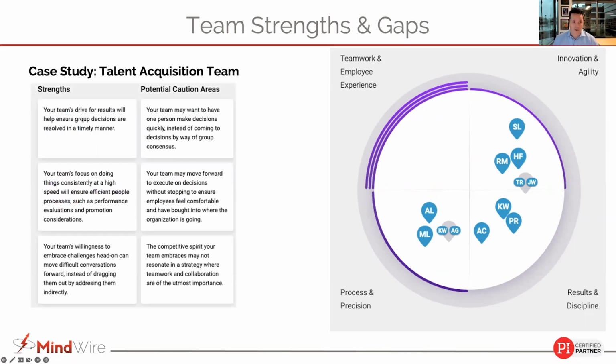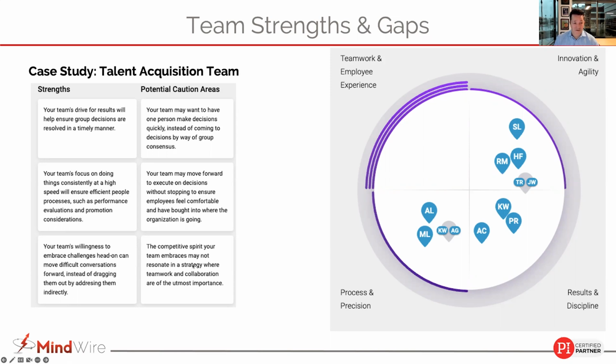So what are the strengths? They had these strengths: drive for results, getting things done with speed and efficiency, take on new challenges, no problem, right? Cautions: people might make decisions individually and quickly, might move forward without ensuring employees feel comfortable, right?